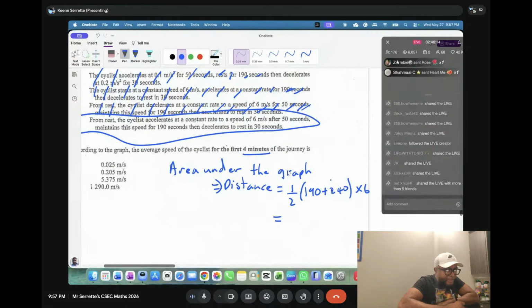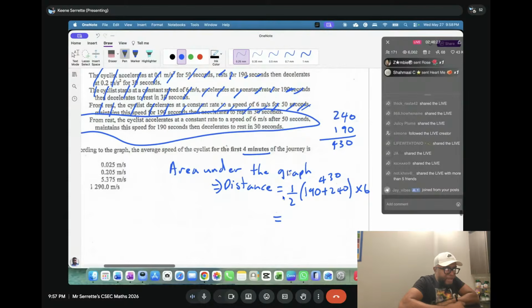When you add, you use no calculator there. 190 plus 240 is 430. A half of 430 is 215. Then 215 multiplied by 6.